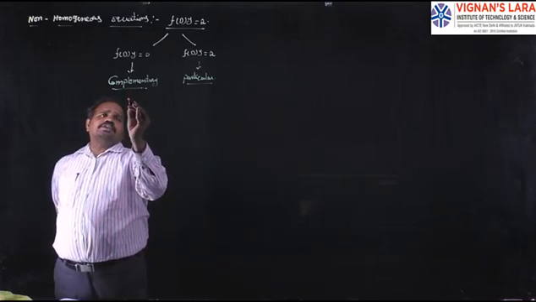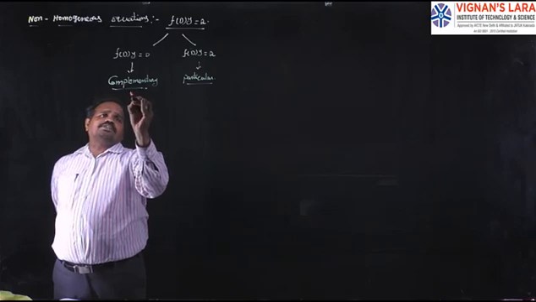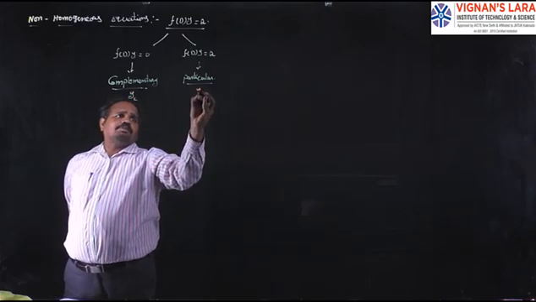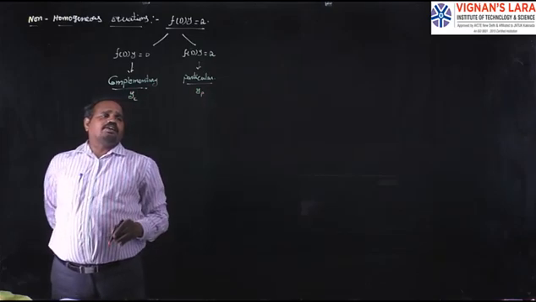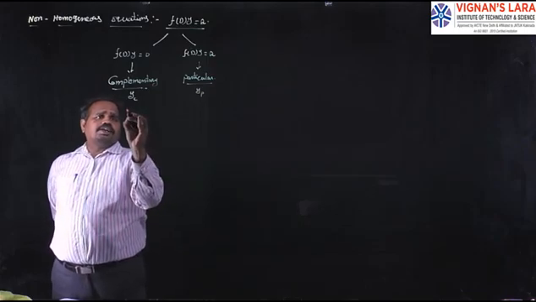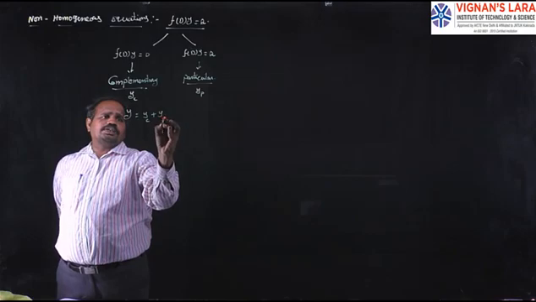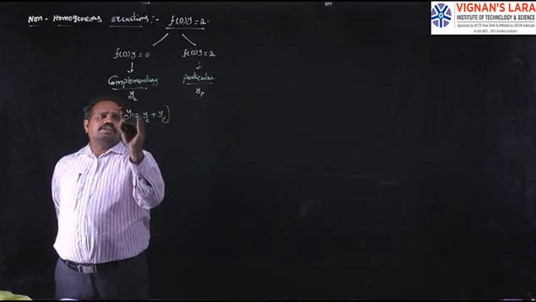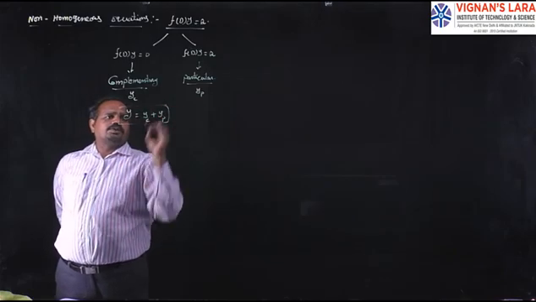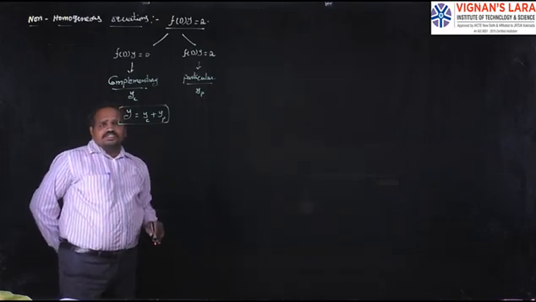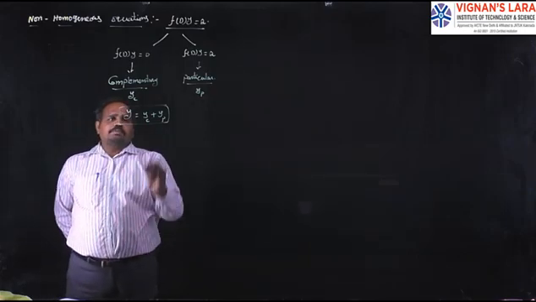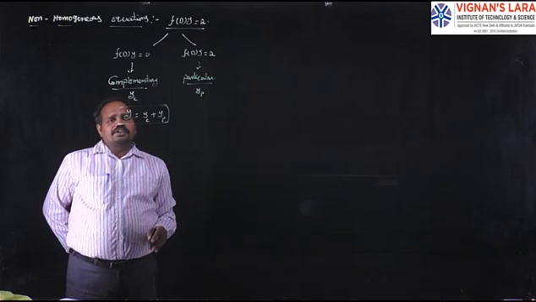The complementary solution is denoted by Yc. The particular solution is denoted by Yp. Joining these two, then only we will get a general solution to the equation f of D into y is equal to Q. So that is y is equal to yc plus yp. Yc is called the complementary solution.